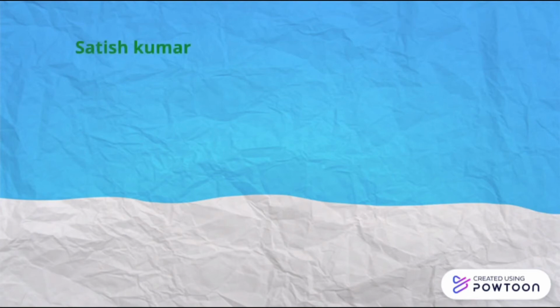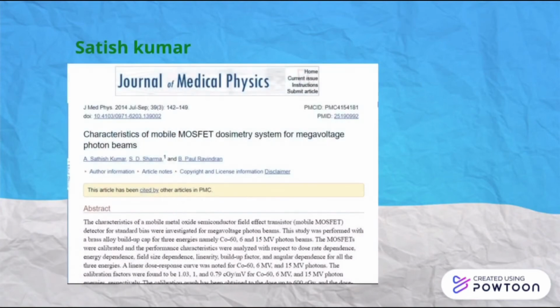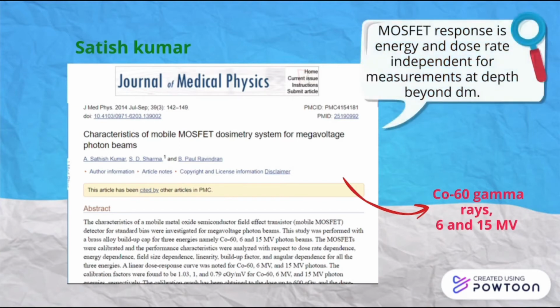A study by Satish Kumar et al. investigated the energy dependence of the MOSFET dosimeter for cobalt-60 gamma rays and 6 and 15 MV X-rays. In this research, the performance characteristic of a mobile MOSFET dose verification system was analyzed for megavoltage photon beams.